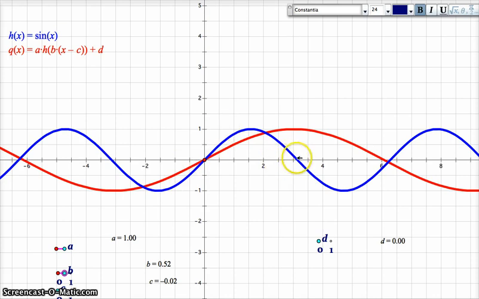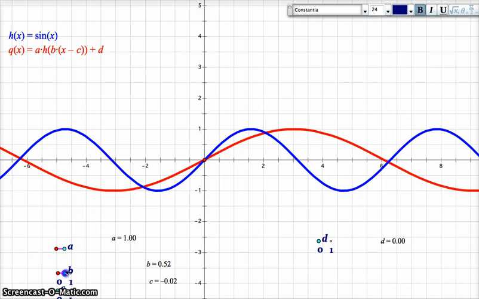So let's say it took a little more than 3 to go up and down. And on my stretched graph, it took a little more than 6. By making B 1/2, my graph actually stretched by a factor of 2, by the factor that was in the denominator.